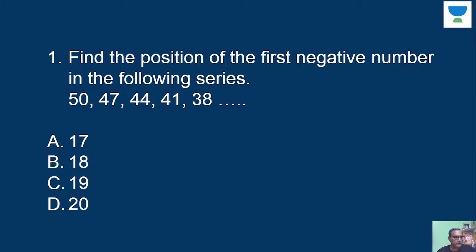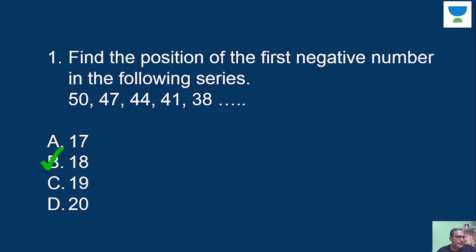What should be the answer? Give the answer. 17. You are very close. Why 18th? Because you should go for 50 minus 51, then minus 1 will come. 51 means 3 into 17.